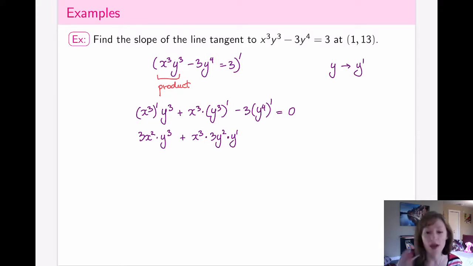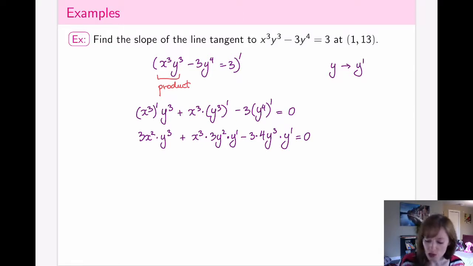So every time you take a derivative of something involving y, like y cubed, you have to follow it up by its own inside derivative. And similarly here, I'm going to have 3, and then the derivative of the outside function is 4y cubed, followed by the derivative of the inside, which is y prime.